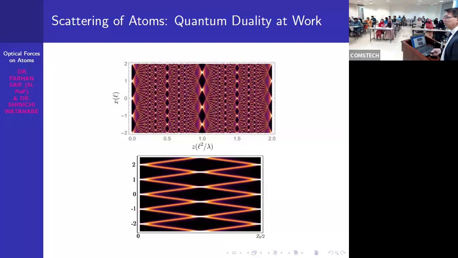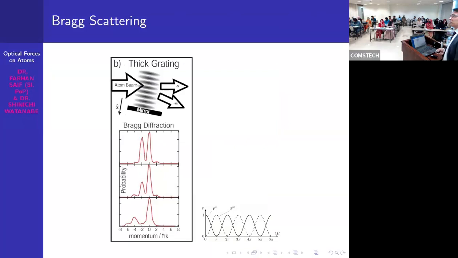Okay, so this is used in various different ways. This behavior is seen in the non-relativistic domain, and in the relativistic domain, we have this interference picture appearing and so on. If we work in the Bragg scattering domain, then we shall see that it's possible for the atoms to opt for an undeflected path or a deflected path. So there are only these two possibilities for the atoms after the Bragg diffraction.